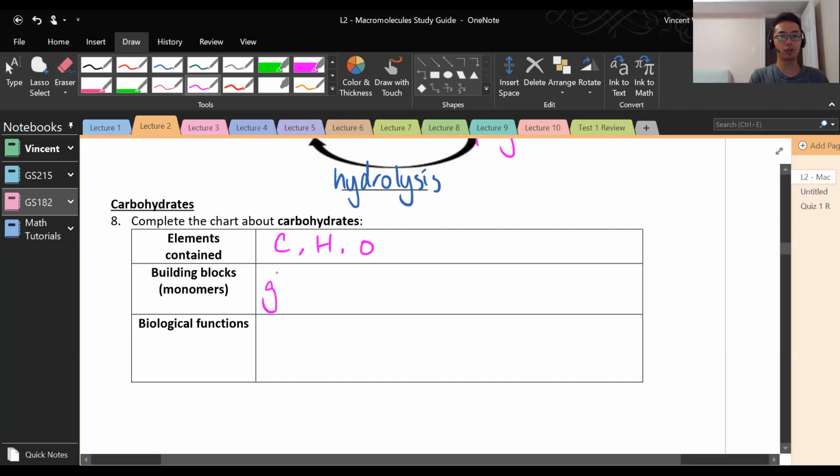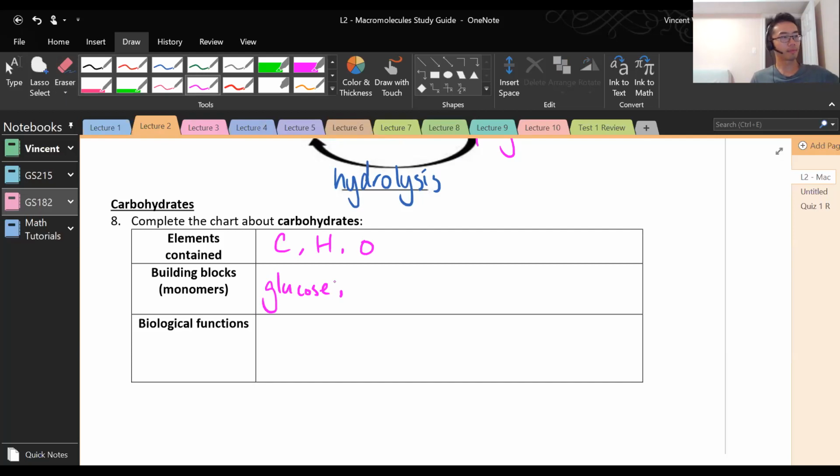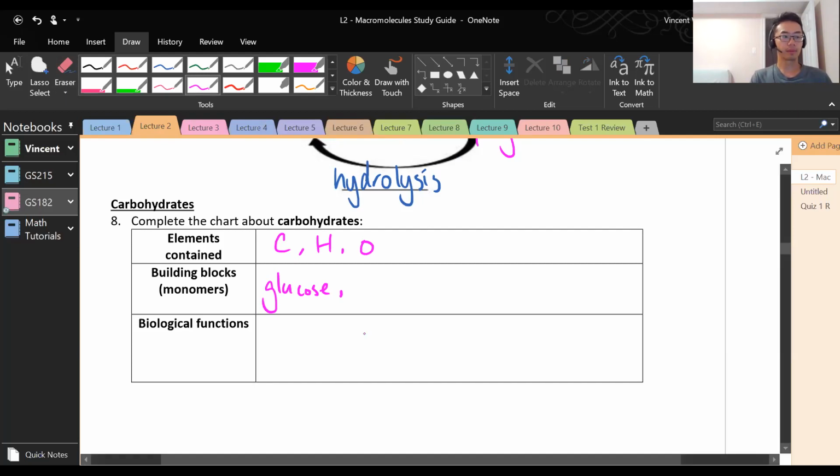That's one building block. There are two more that we talked about in class. Start with an F. Fructose, that's correct. And the last one is galactose. So glucose, fructose, galactose.